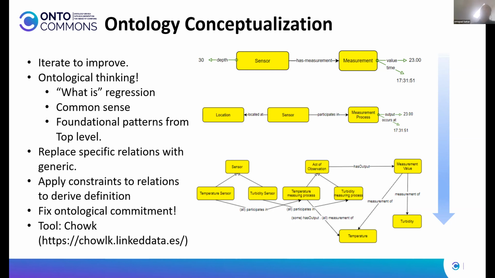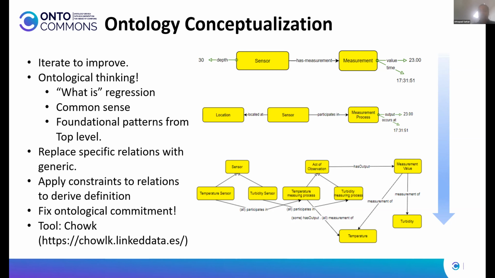But those are different contexts, and those are not in our commitment. So while defining the sensor, you do not need to think about that because it is not in your commitment. Fixing the ontological commitment beforehand is extremely important to keep things simple, and also you can develop your ontology faster.